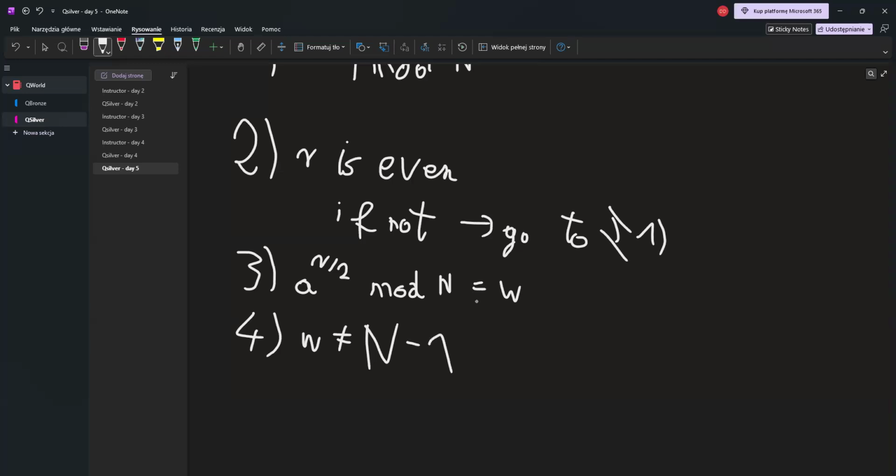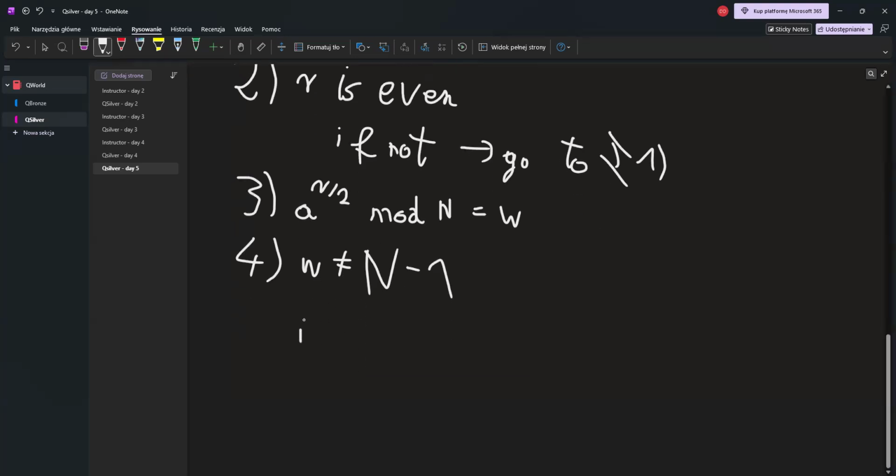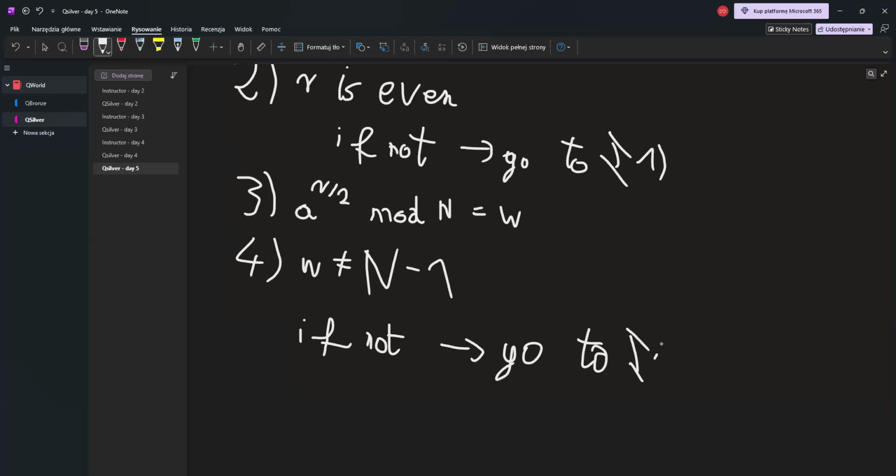Why, we will talk about a few steps later, because it will be required for some features that will be needed for factoring later. And if it's equal to N minus 1, then we need to start again from the very first step and pick another A. It means that we failed.